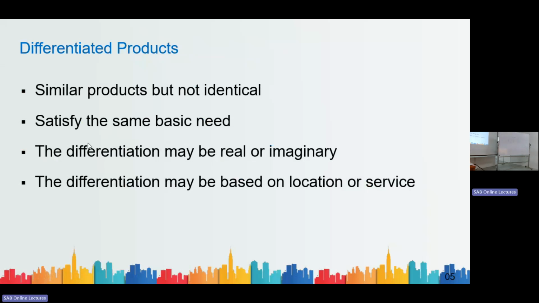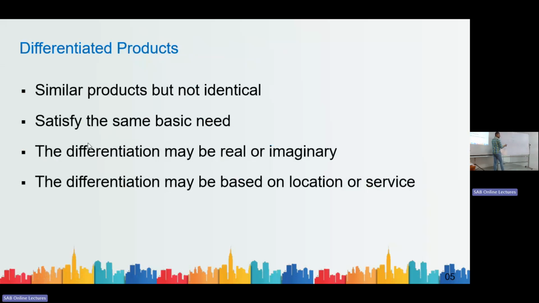So the third characteristic of differentiated products is that the differentiation may be real or imaginary. Yes, these salons may have real differentiation. The facilities they provide at one salon may be very sophisticated or very customer friendly, but another salon may not be that customer friendly.